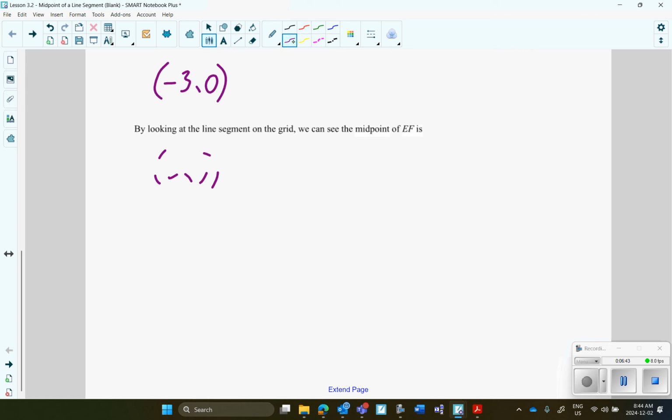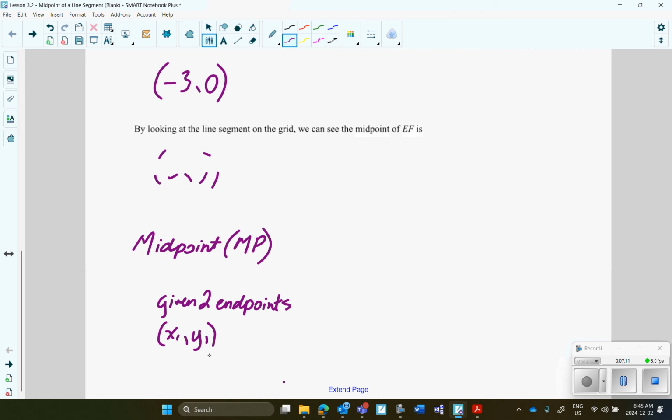To find the midpoint, or we just call it MP, if you're given 2 endpoints, and we'll call them just like we did when we found the distance between 2 points, x1, y1, and x2, y2, I can find the midpoint coordinate by adding the 2 x's together from each endpoint and dividing by 2.